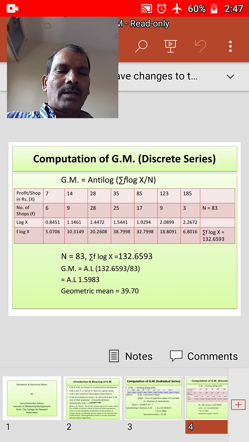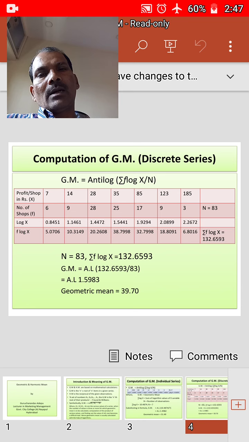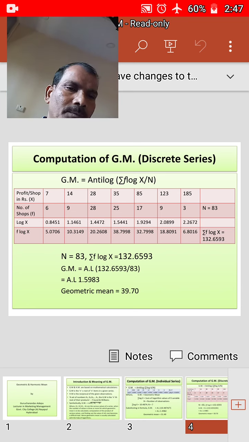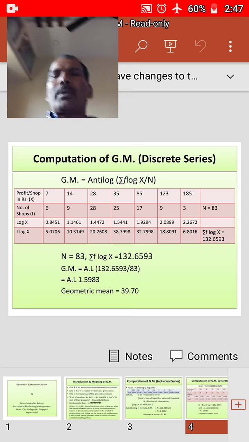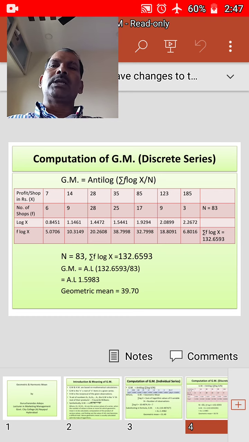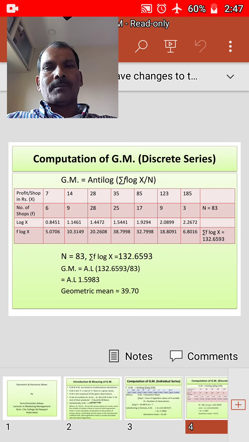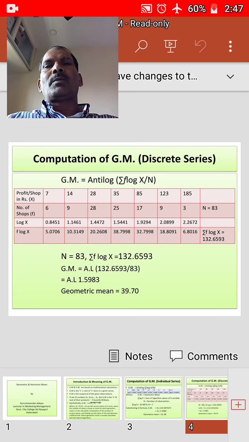Second, multiply the logarithms of values of x variable with their frequencies and obtain their total. Third, obtain the total of frequency and denote it by n. And fourth, apply the formula given below to obtain the value of geometric mean.